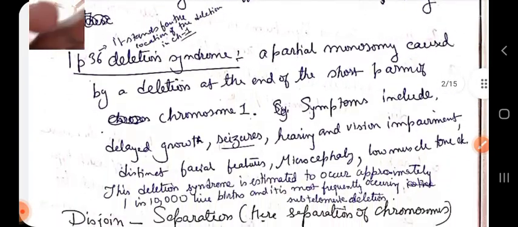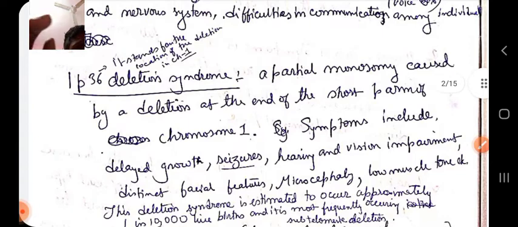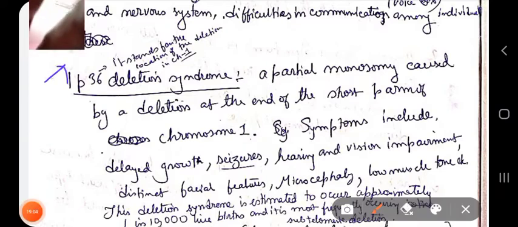The third example of monosomy is 1p36 deletion syndrome. It is 1p, 1p36 deletion syndrome.